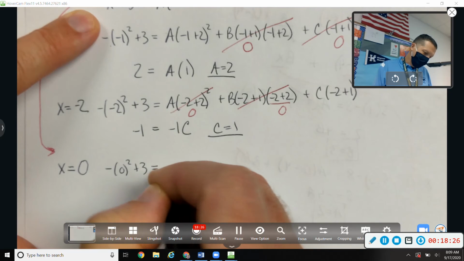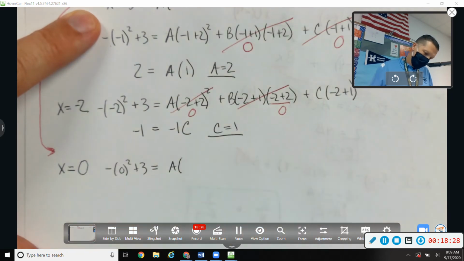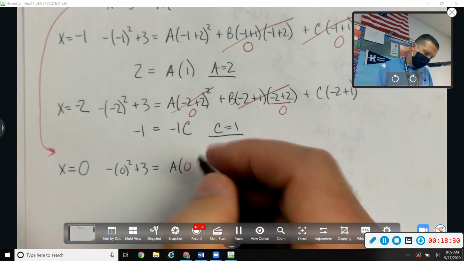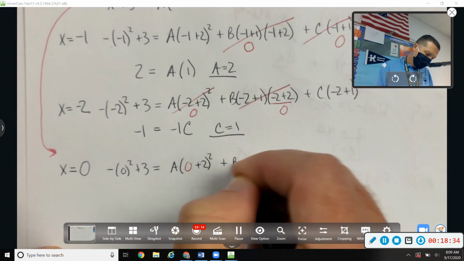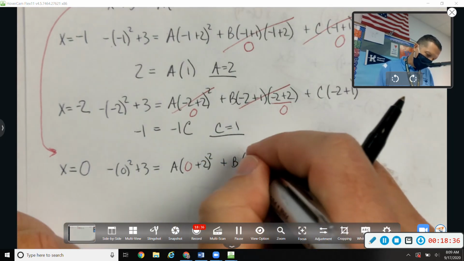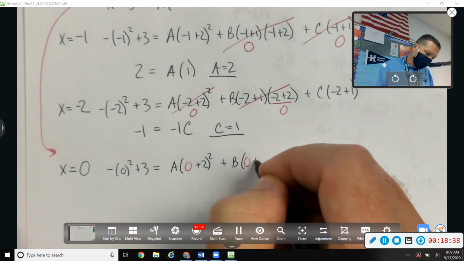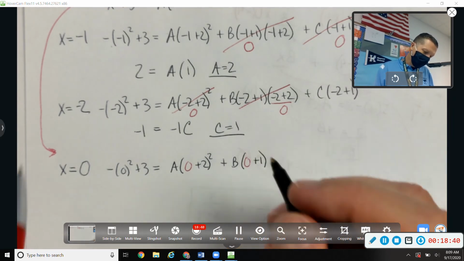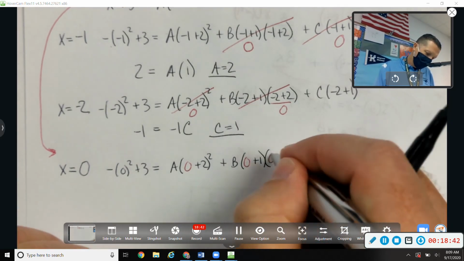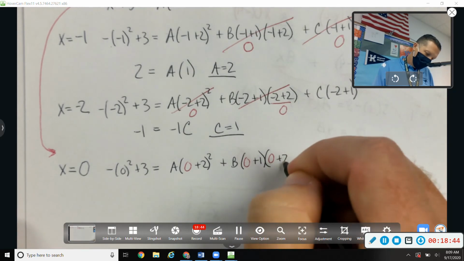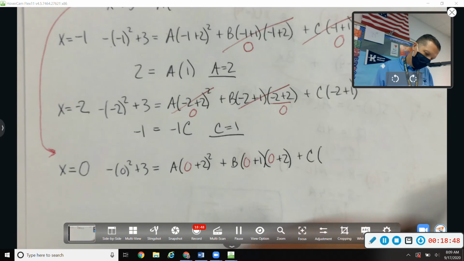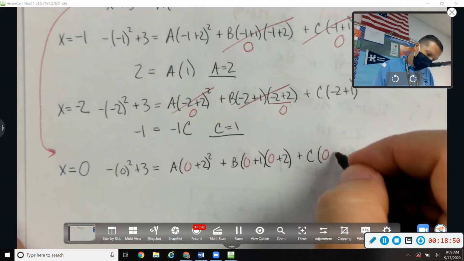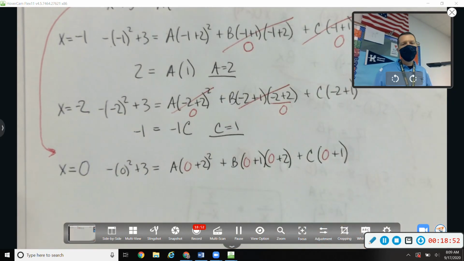So this one's not nearly as fun because nothing gets zeroed out. I mean, 0 goes in for x, but that's not nearly as beneficial as -1 and -2 were.